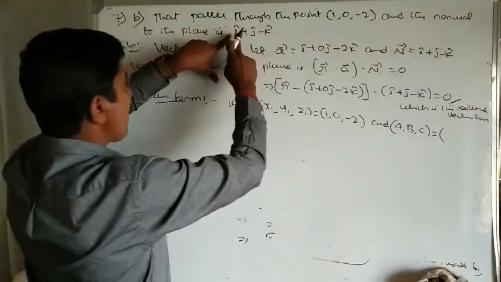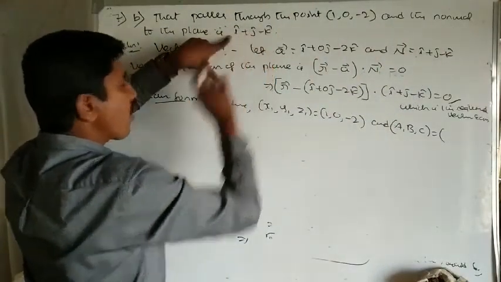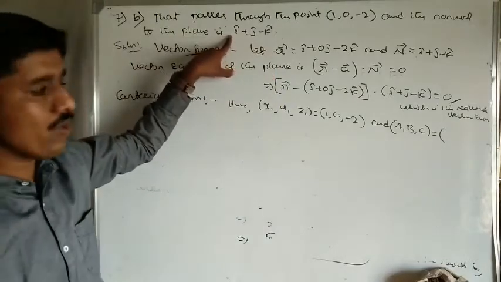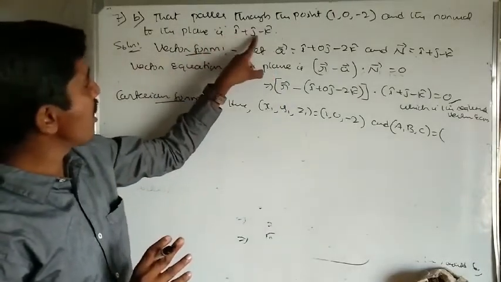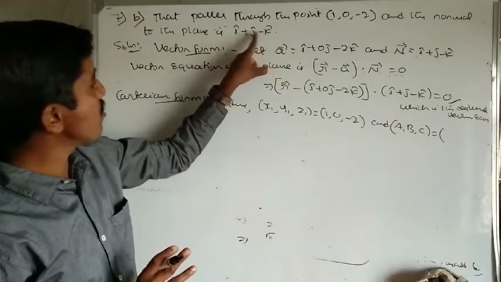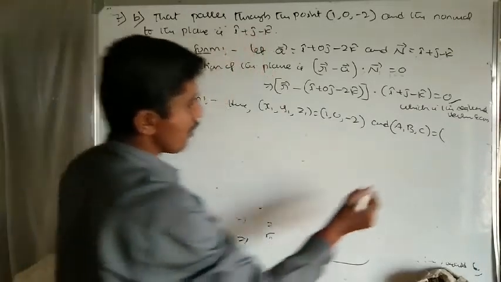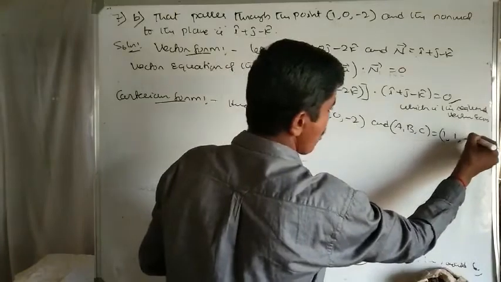Normal to the plane means the i coefficient, j coefficient and k coefficient are the direction ratios. Here the i coefficient is 1, j coefficient 1, k coefficient minus 1. So a, b, c is 1, 1, minus 1.